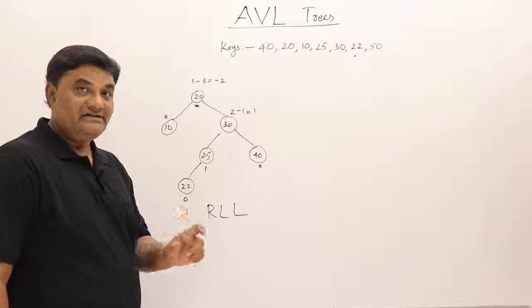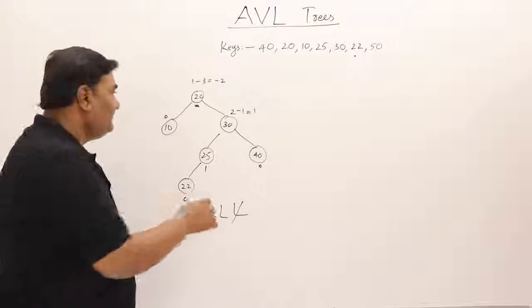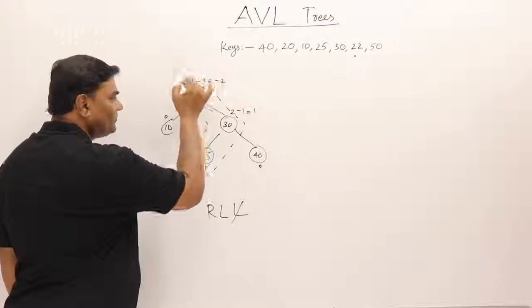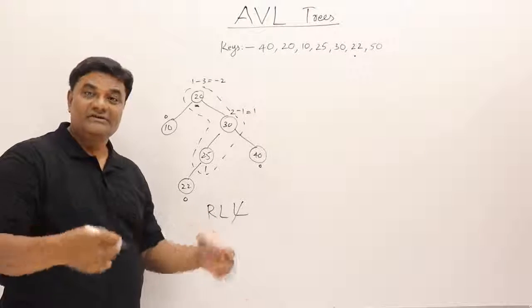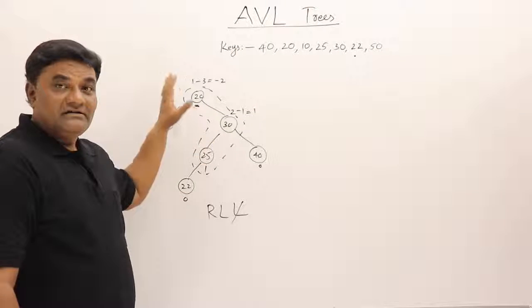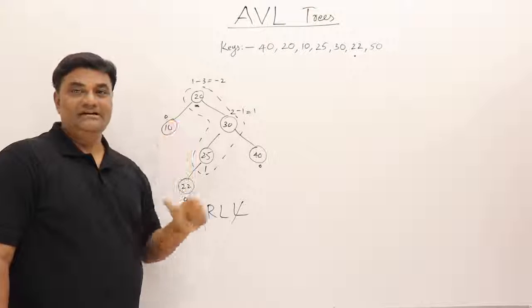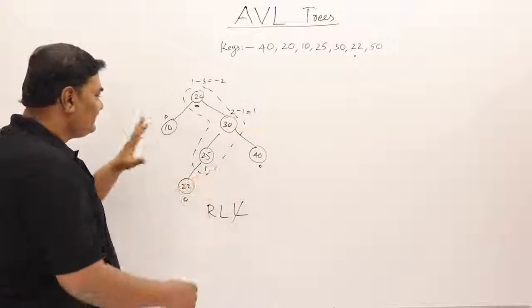No, just take 2 steps. R, L. Means consider only these 3 nodes. Whatever it may be, wherever you insert, who became imbalanced? This became imbalanced. Then only take 2 steps, or 3 nodes, from that imbalanced node.